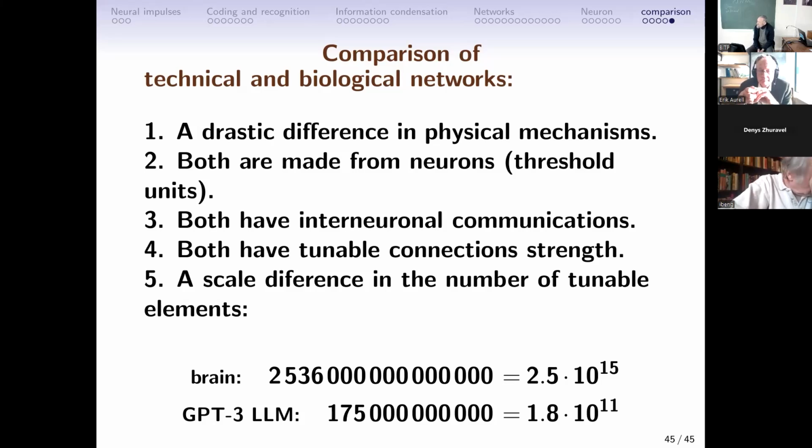It is possible, based on the available experimental data, to figure out how many pyramidal neurons are in the human brain, how many synapses each has, actually 30,000 and more, and to multiply and obtain this number. So we see that in the brain, there are 4 orders of magnitude more tunable elements. Of course, this is for today, and the situation can be changed in the future.